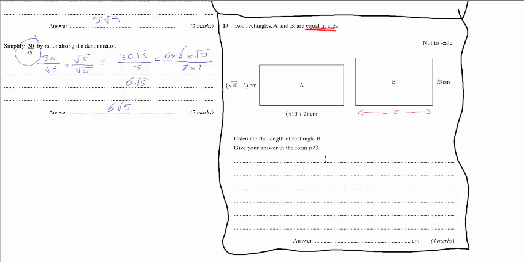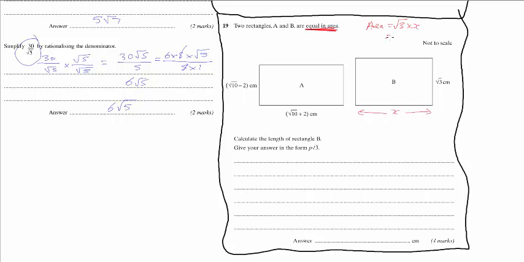Okay, well what can you do here? Because you need this x, you need to create a formula somehow which involves this x. Now, the only real formula this whole thing's going to be involved in is the area of B, which is going to have to equal width times length, where the width is root 3 and the length is x.